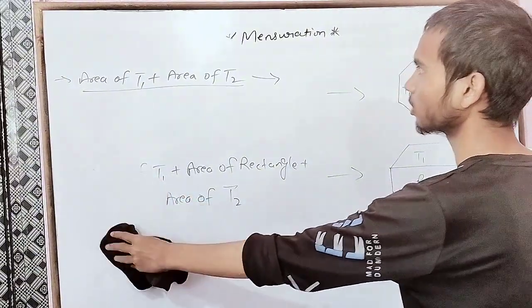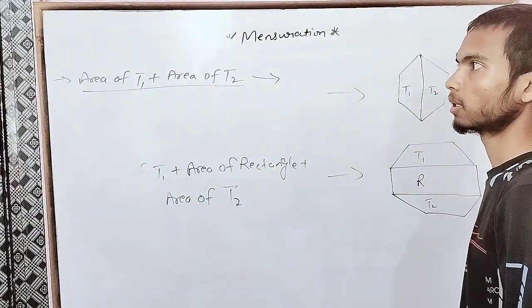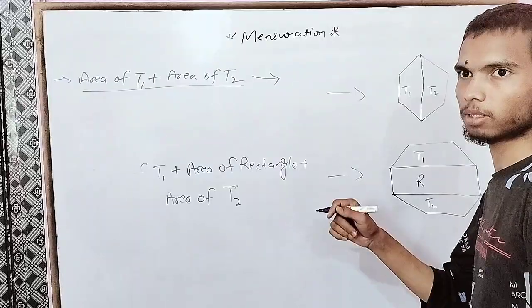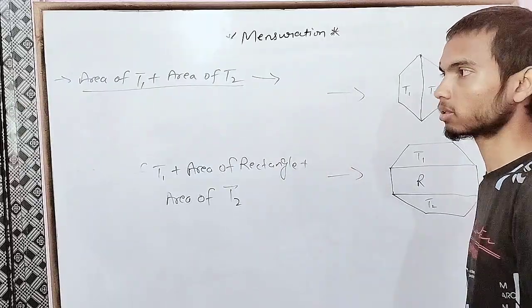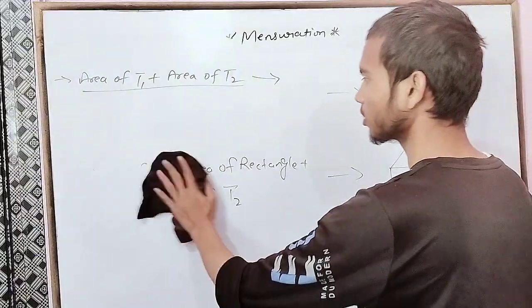And to find the area of a trapezium, it is 1/2 multiplied by the height, multiplied by the sum of the parallel sides.